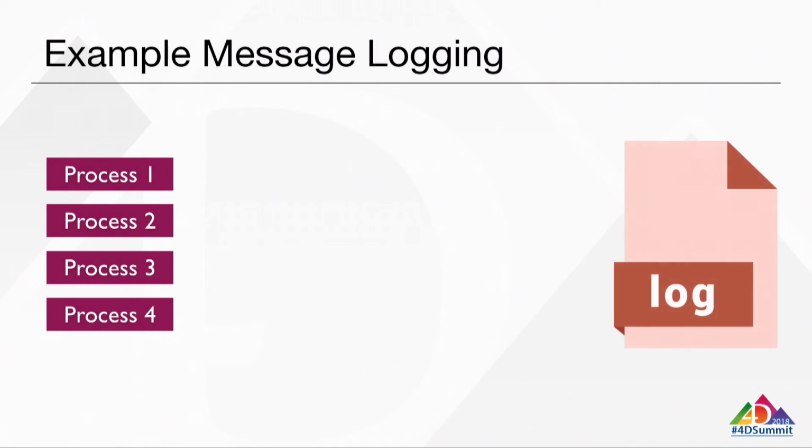So the idea behind it is kind of like this. Let's say you have multiple processes, and it can be anything, and you want to log information to a single log file. Now, without using workers, the picture would be something like this.